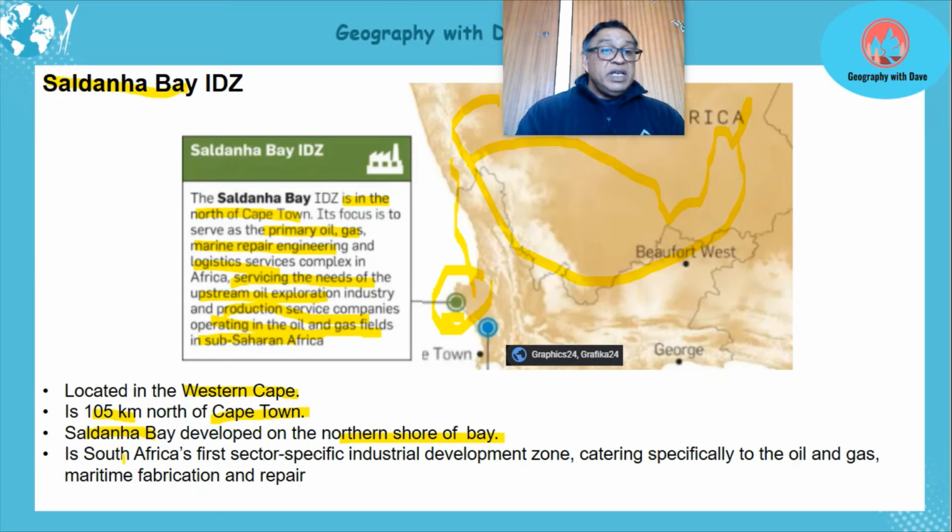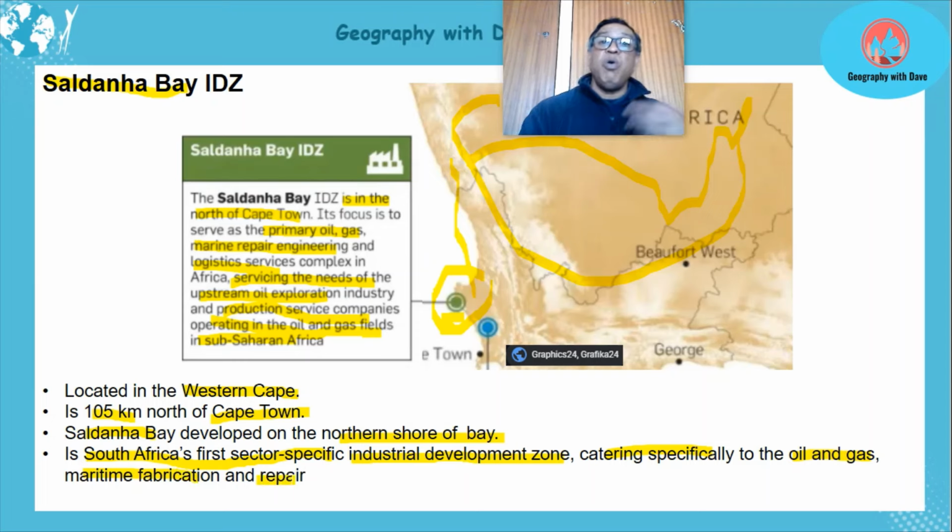It's South Africa's first sector specific, meaning a specific activity that's taking place here. So it's a sector specific industrial development zone. And it's catering specifically to the oil and gas, maritime fabrication and repair.